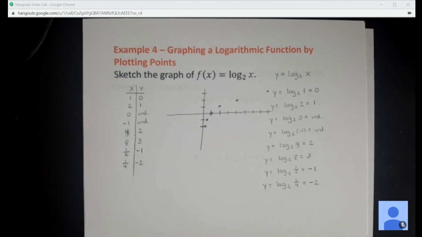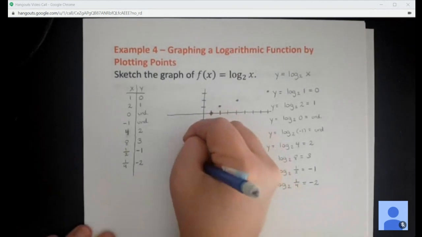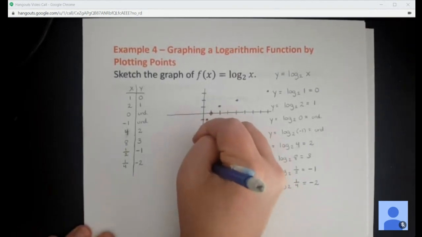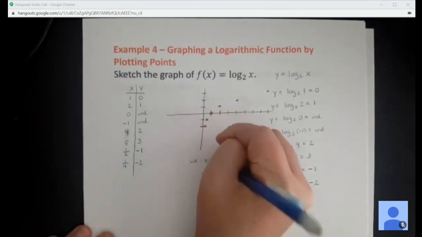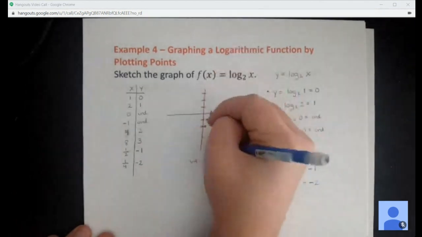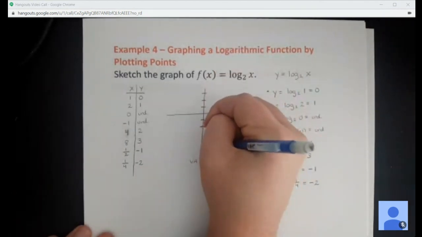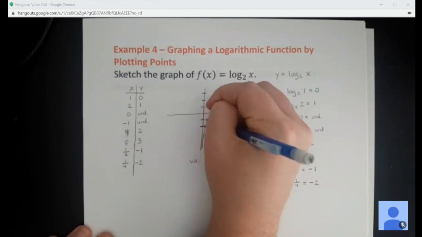There's a vertical asymptote. Good. So we have an actual vertical asymptote at x equals 0 along the y-axis here. And so our graph will do something like this.